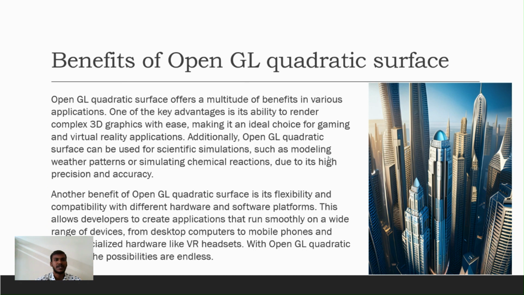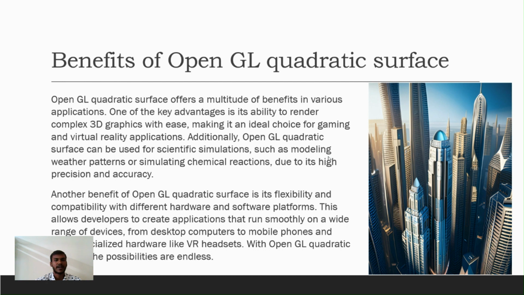Next, let's see the benefits of OpenGL quadratic surfaces. OpenGL quadratic surface offers a multitude of benefits in various applications. One of the key advantages is its ability to render complex 3D graphics with ease, making it an ideal choice for gaming and virtual reality applications.